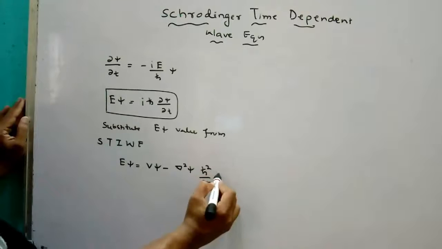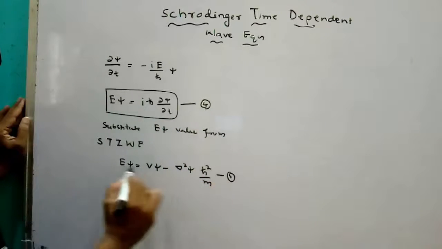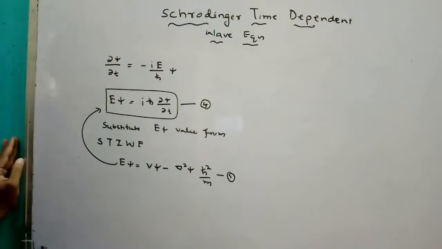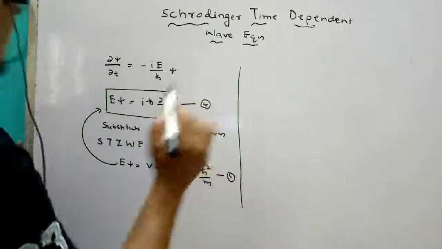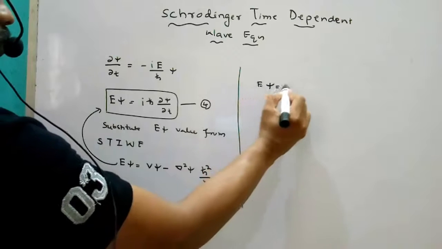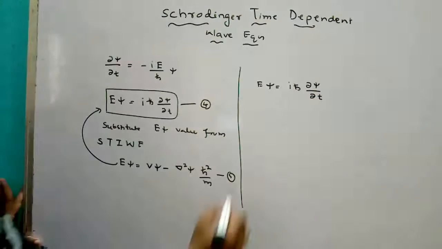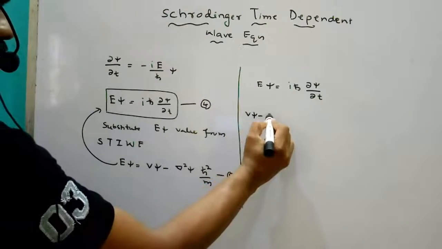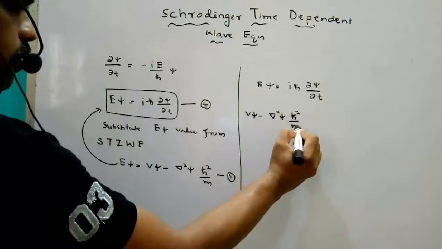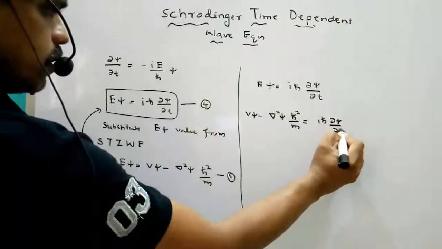So this is, for example, equation number 4, and this is equation number 5. Just substitute equation number 5 in equation number 4. We will get E psi equal to i h cut dou psi by dou t. So here I am substituting V psi minus h cut square by 2m del square psi equal to i h cut dou psi by dou t.